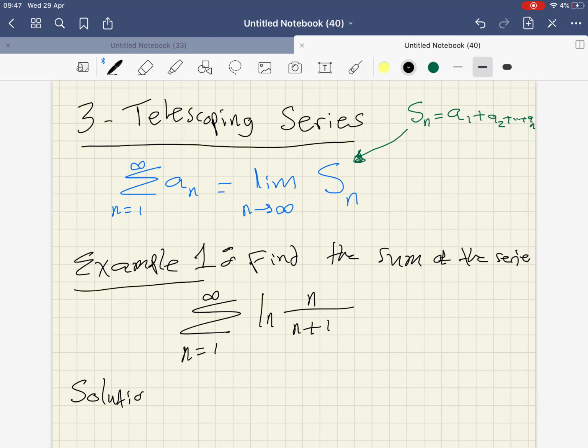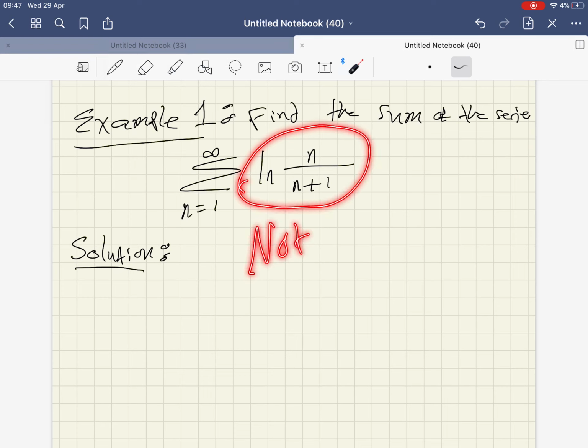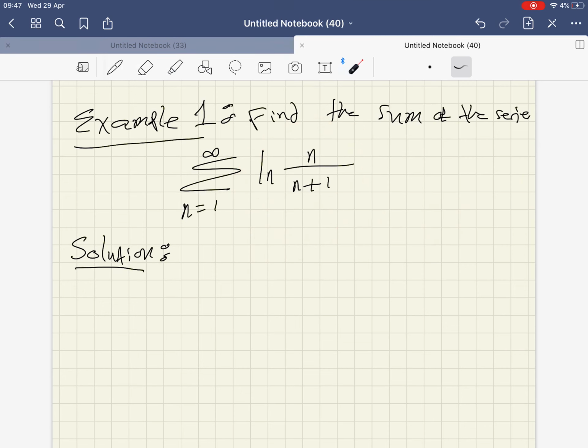The first thing to notice is that this is not a geometric series. You can try writing the first few terms and dividing the next one by the previous one, and it will not be a geometric series.